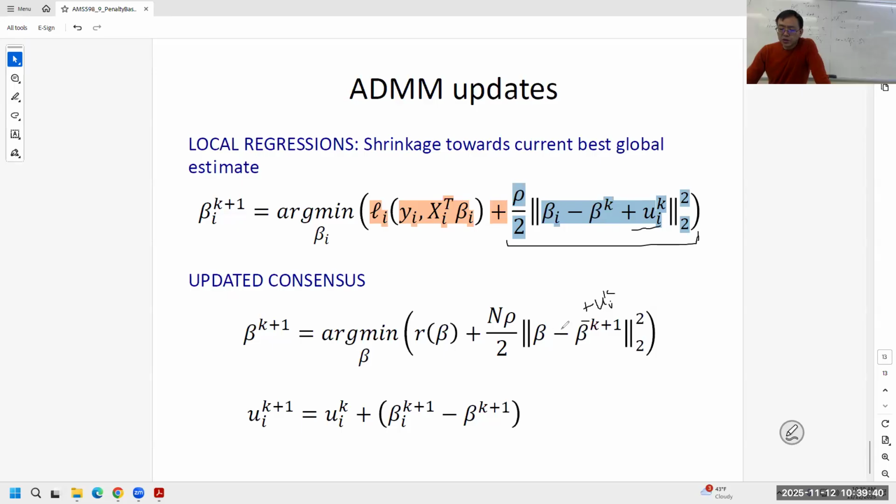So the second term should be R beta plus the n times rho. Actually, it should not be n; it should be the summation of i from 1 to n.